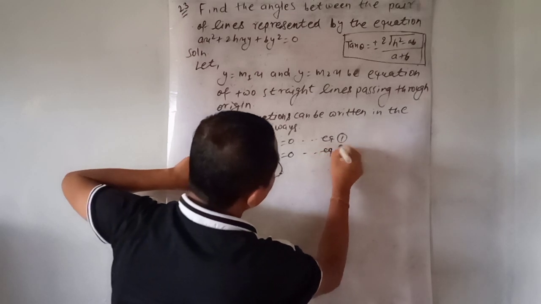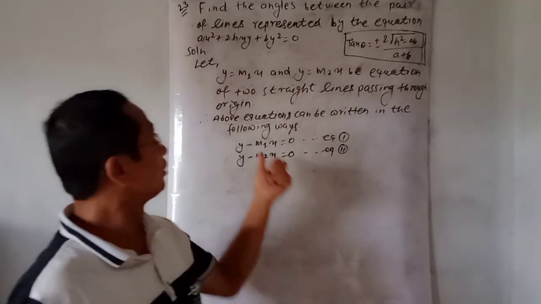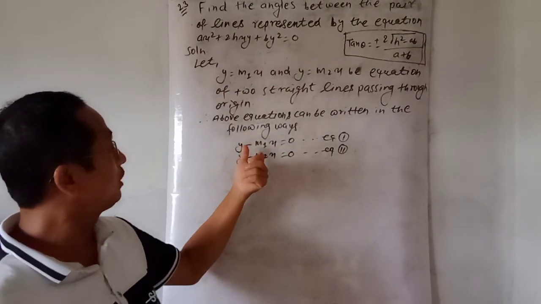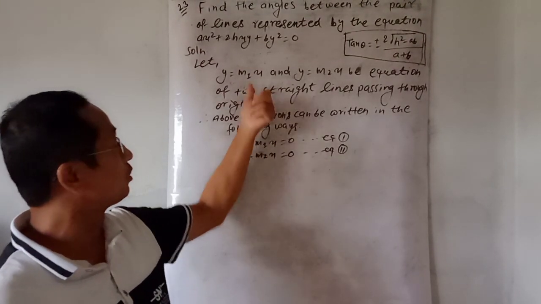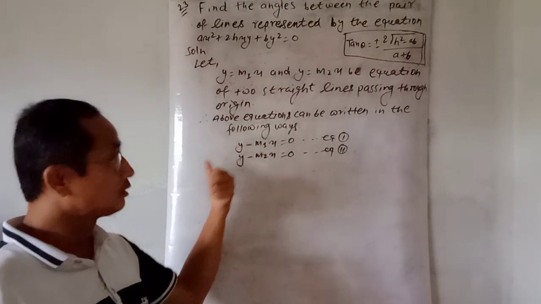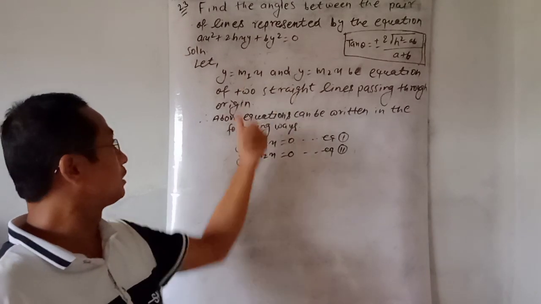This is equation 2. I mean y is equal to m1x can be written y minus m1x is equal to 0, because m1x brought to this side, plus changes into minus.